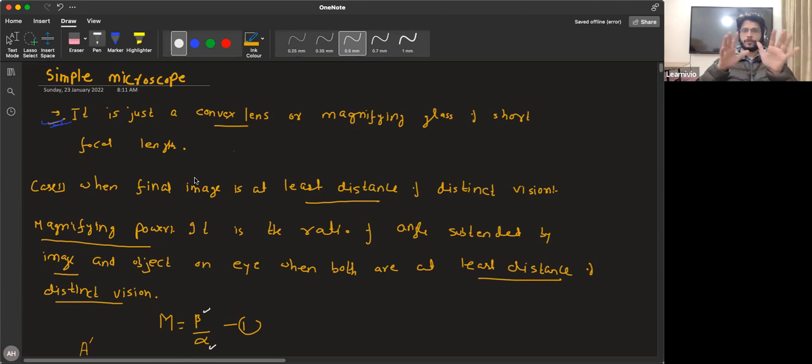But just for the sake of clarity, I'm drawing differently. Maybe in the compound microscope, I'll draw both the object with the lens and without the lens on the same axis. But at least for the simple microscope, let's draw it separately. Is this what you are asking? Yes, sir.